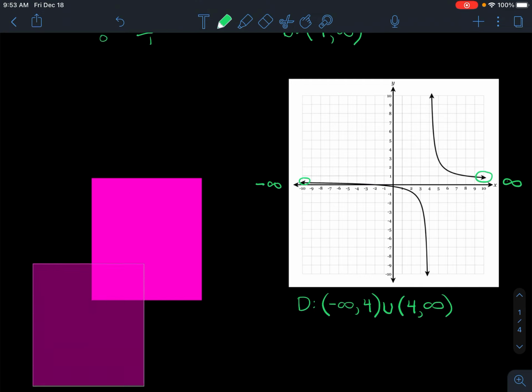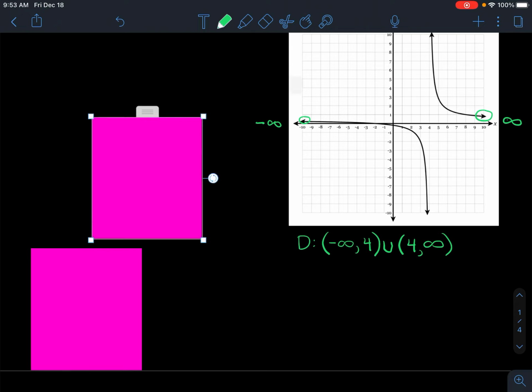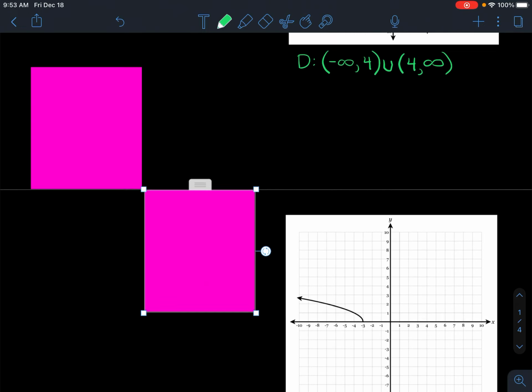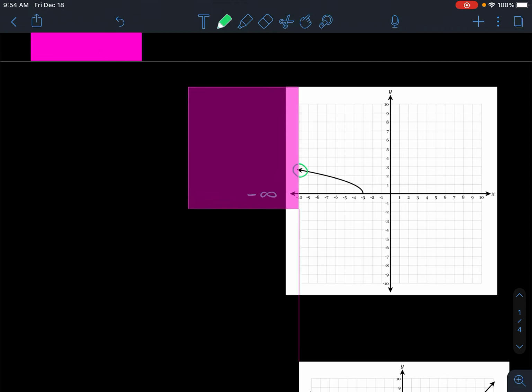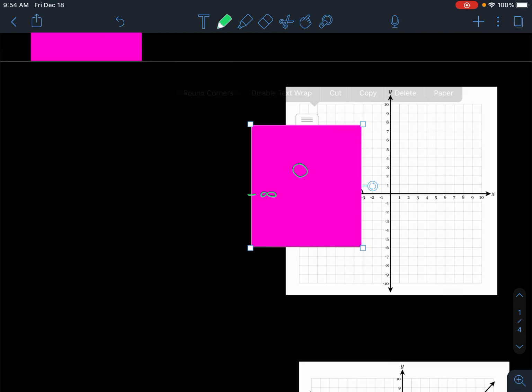Let's keep going. Let's look at this guy here. So my domain, again, from left to right. So this arrow means that it's going to the left continuously. So it goes from negative infinity, and then it keeps going, keeps going, keeps going, and then it stops right there at 3.